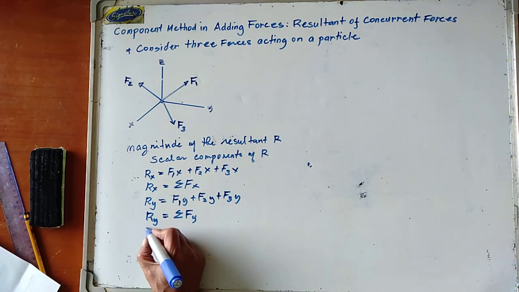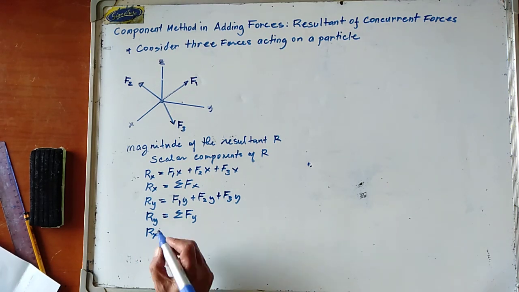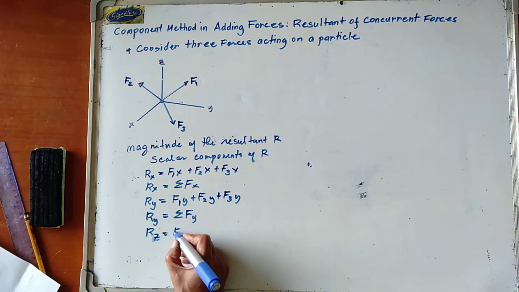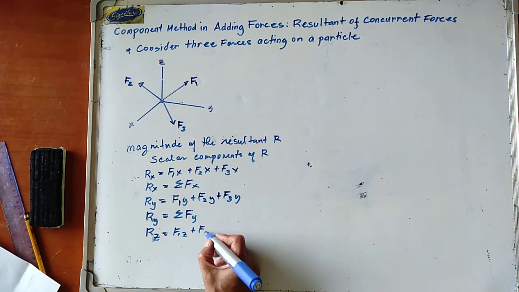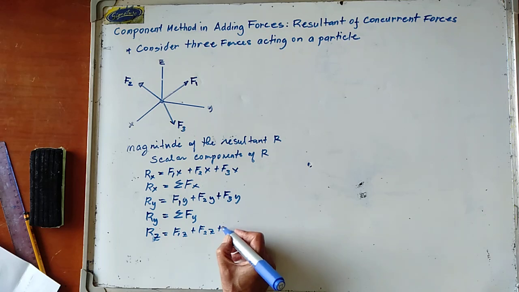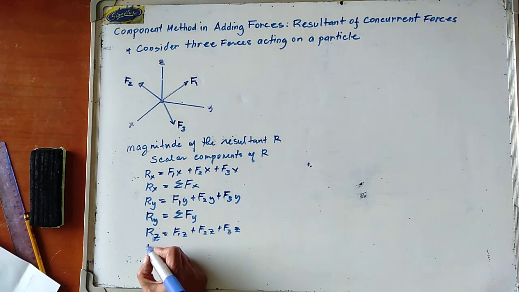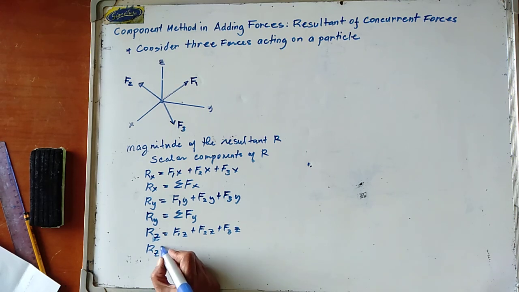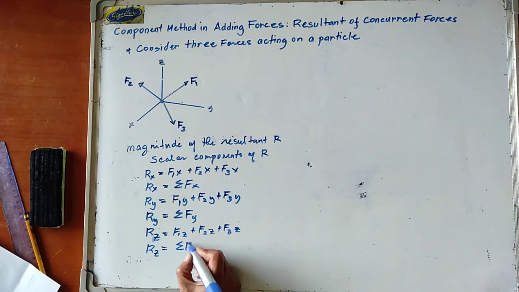Now, Rz is equal to F1z plus F2z plus F3z. Hence, the scalar magnitude Rz is equal to the summation of forces in the z direction.